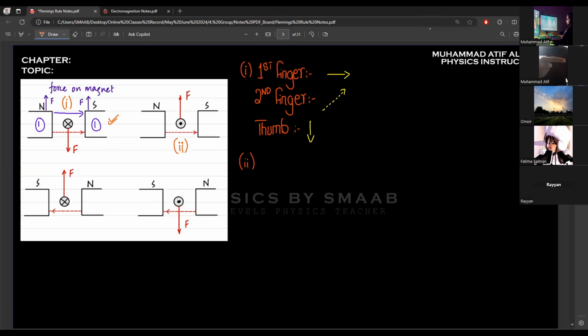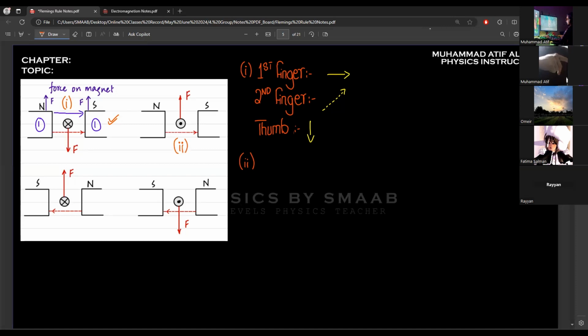So when current is moving into the paper, we use this direction, the z-axis. But now it is out of the paper, because let's suppose you place your notebook on your table, right? So your table is horizontal. So this direction shows you into the paper, right? So this second finger is going into the paper of your book, right?